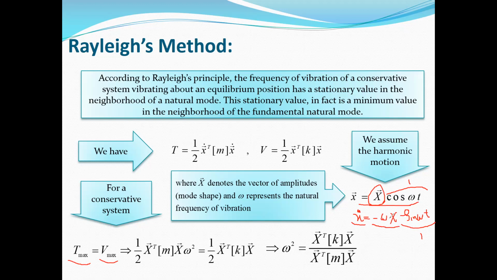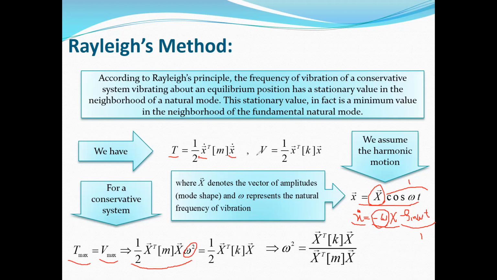Okay, so in this equation, when you want to calculate the maximum kinetic energy T, we should substitute the maximum value for x dot, which is minus omega x, multiplied by, again, another x dot, so again it will be minus omega x, and then we will have half times x transpose times m times x omega squared. This omega squared is because we have one minus omega due to the x dot, and the other one due to the x dot transpose, so it will be omega squared.